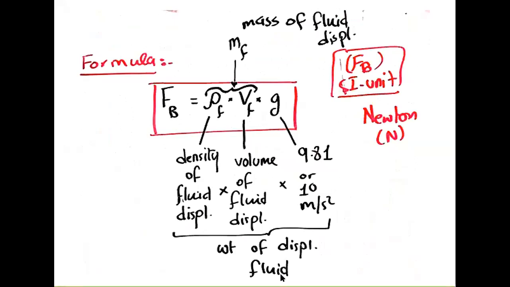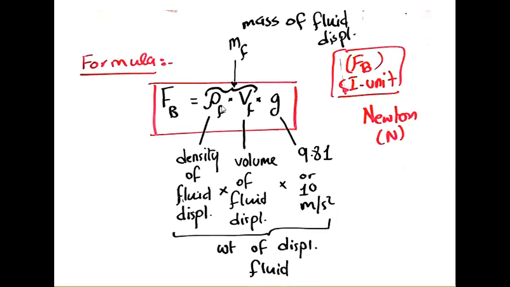The formula of buoyant force from the previous argument is the weight of the displaced fluid. The weight of the displaced fluid, like any weight, is the mass of the fluid times the free fall acceleration. The mass of the fluid is the density of the fluid times V. Mass is rho times V. So the buoyant force is rho V g. You told us rho V g is the weight of the object, the real weight.